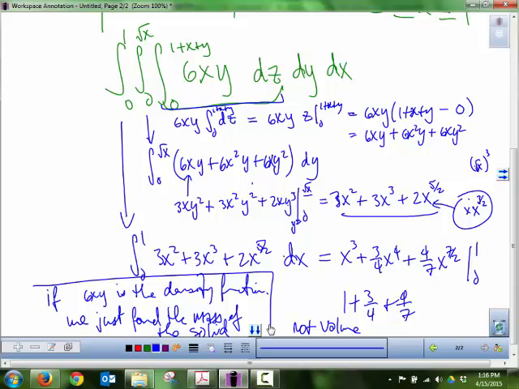Unless they do something weird. I think they did this in one of the homework problems where they say that the density is proportional to the distance from the origin. In that case, you have to come up with your density function. But I'm not planning to do anything like that. But if there's homework, it's homework.